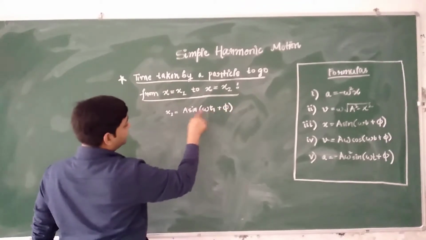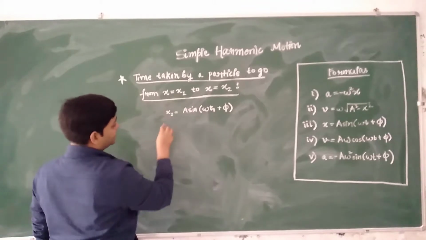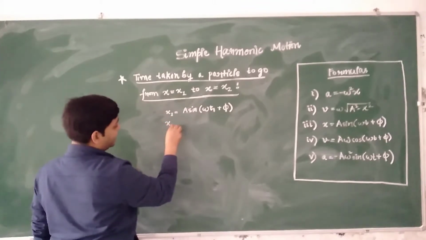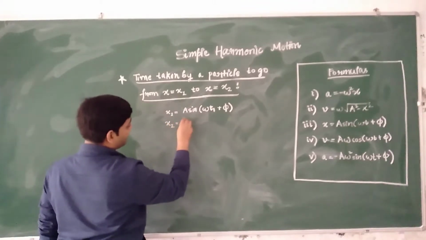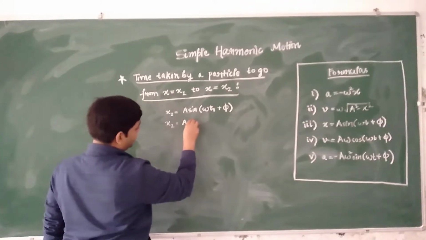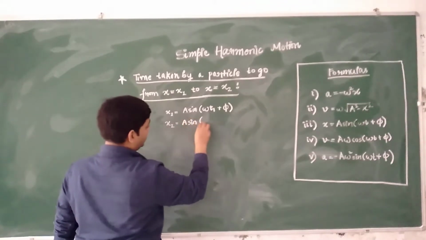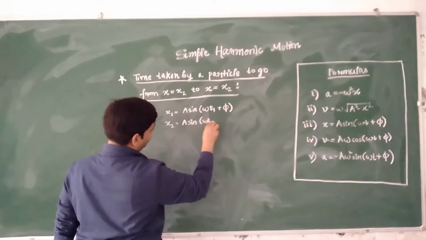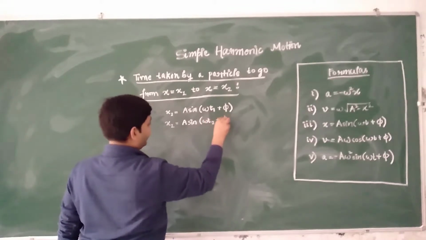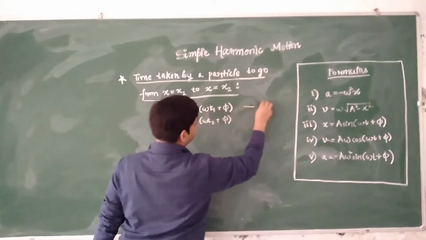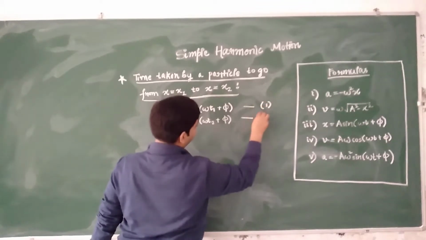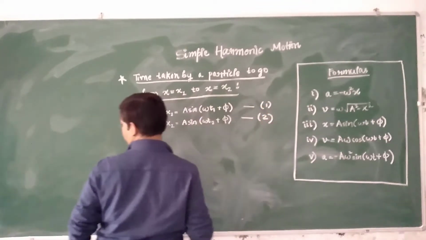At time t1 the position of the particle is x1, and similarly x2 can be written as A sin omega t2 plus phi. Let's say this is equation 1 and this is equation 2.